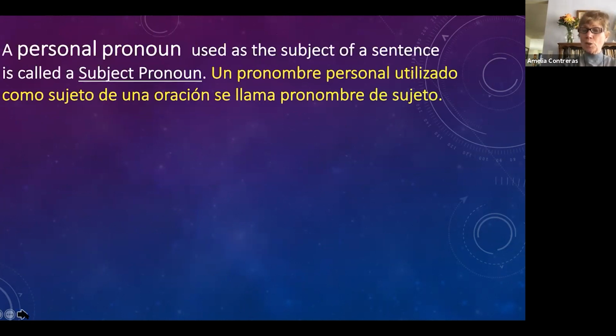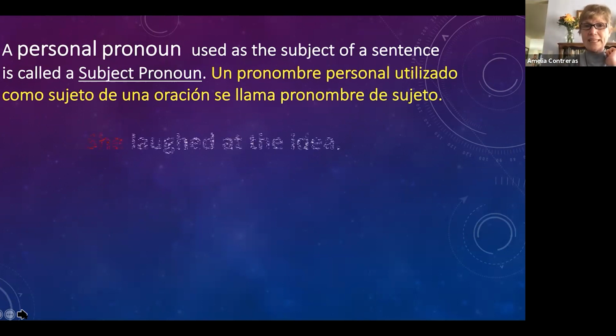A personal pronoun used as the subject of a sentence is called a subject pronoun. Now, you might say, what is a subject of a sentence? And that is a topic for a later unit. But to be very brief, the subject of a sentence is that part that identifies the topic of the sentence. Who is this sentence about?